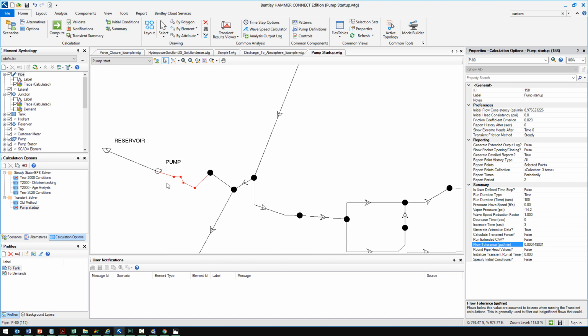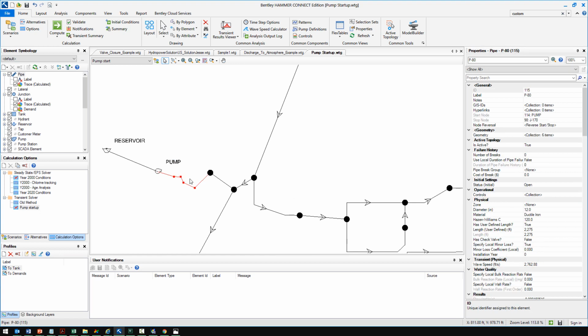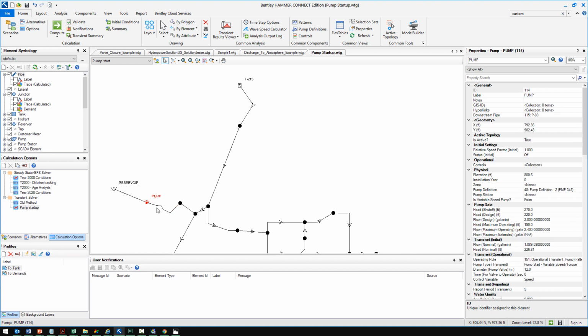Whereas, when you were to run this initial conditions where you grabbed the nominal head and flow, obviously there was some resistance through that pipe. It was not perfectly smooth. So that's another reason why your ending transient results may not match the nominal operating point that you enter for the pump because of things like that.